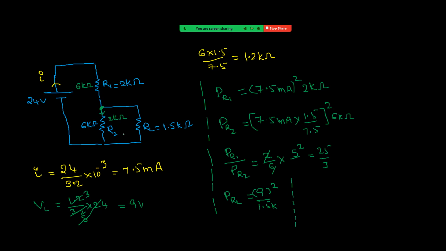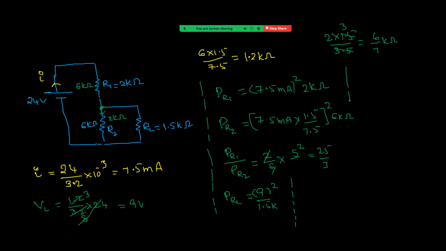First I'm focusing on the effective value. This effective value is now 2 into 1.5 upon 2 plus 1.5, 3.5. That is equal to, see, this is 3 and this is 7. Total is now 6 by 7 kilo ohm effective value and this is now 6.